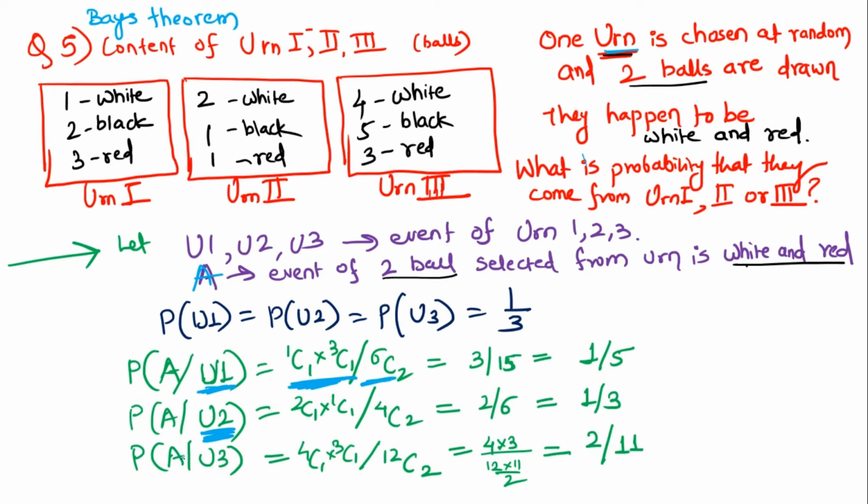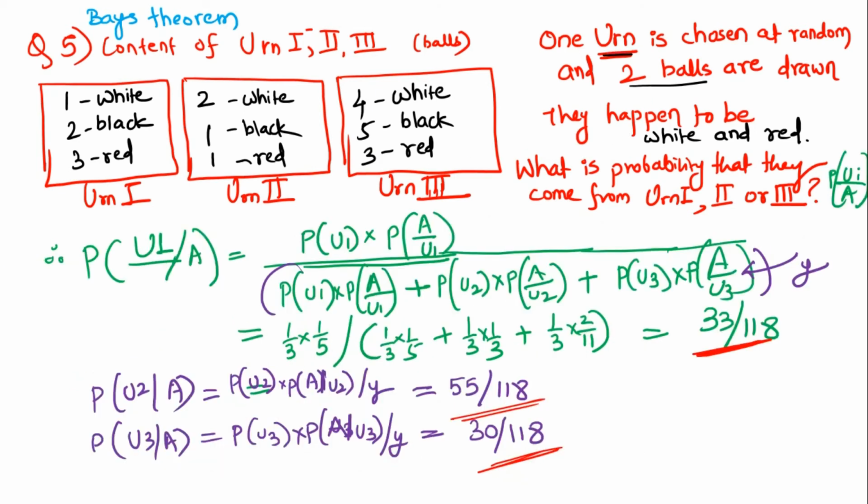The probability of event A for urn 3 will be 4C1 into 3C1 divided by 12C2, since 4 plus 5 plus 3 is 12, which is equal to 2 by 11. Now we have calculated the probability of taking out two balls from each of these urns.